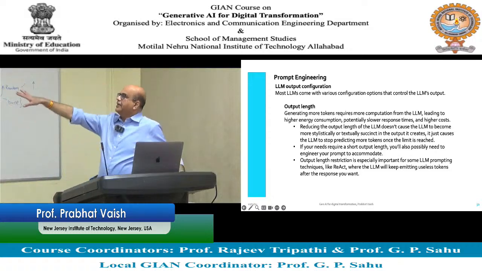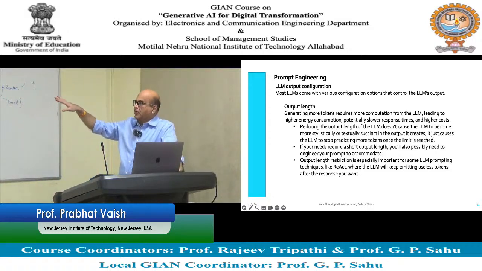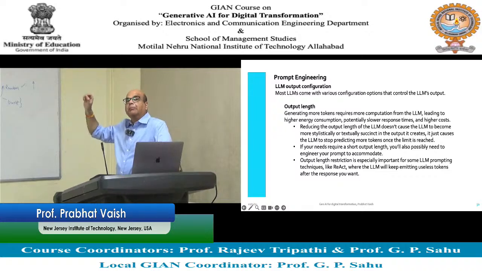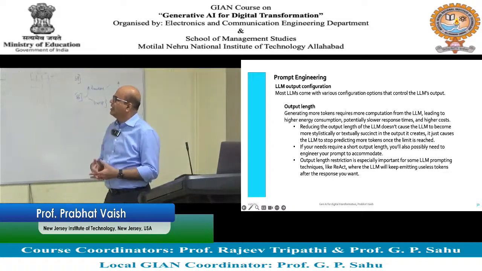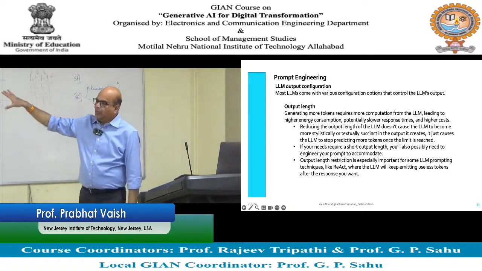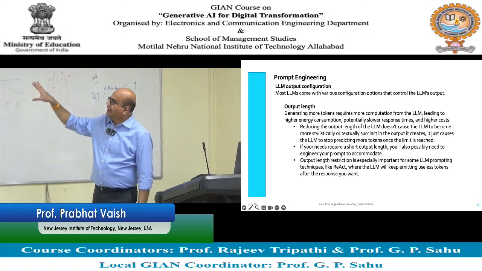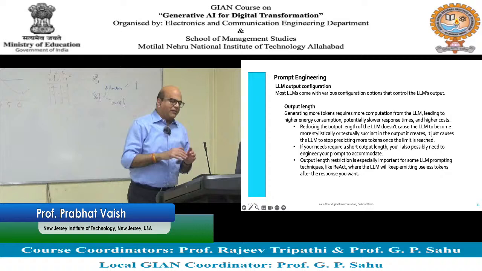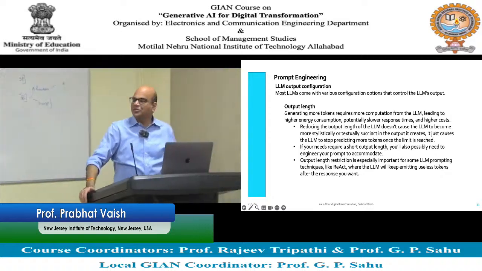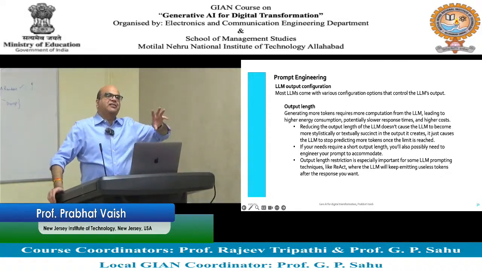So if we are trying to reduce or minimize the cost by reducing the output, the model has no idea that it has to complete its response in 200 words. It will just stop at 200 words without thinking about whether it has logically completed the response or not. So the point I'm trying to make here is that as part of prompt engineering, the first thing that you want to control, anytime you look into engineering, and I'm not going to diverge too much, but the difference between science and engineering is that you're applying science.